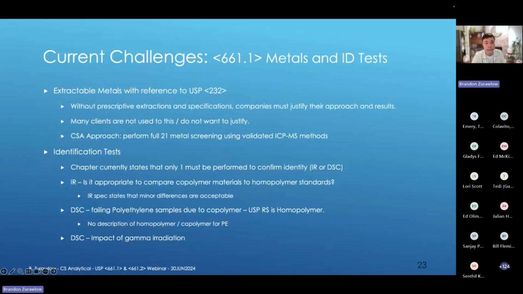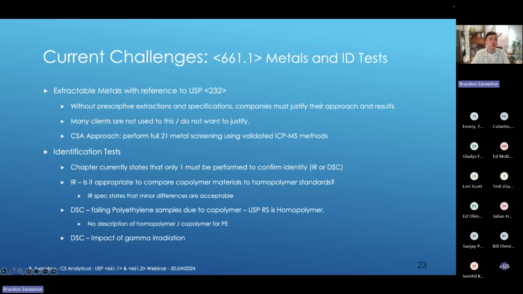And so this screening allows for a comprehensive evaluation of any metals that are present without necessarily having to go and justify which metals we are or are not including in the evaluation based on the materials, based on the additives, etc., which is the recommended approach. And so that screening test has proven to be a pretty efficient way to generate data to evaluate that specific concept with minimal justification required.